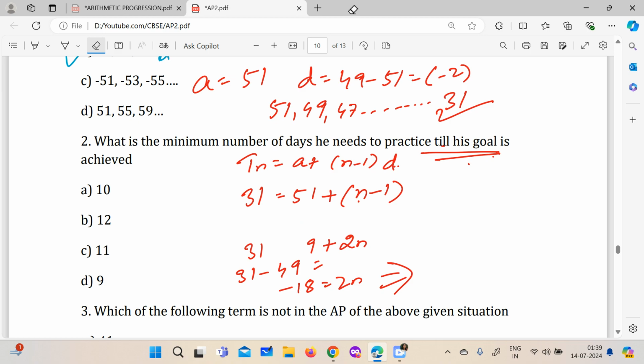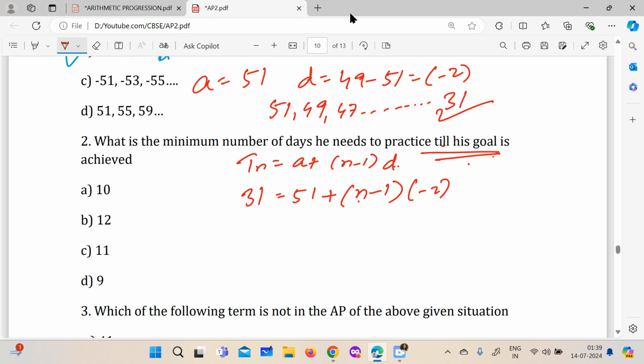Okay, so we will redo this. So d is minus 2. So you will have 31 equals 51 plus minus 2 into n is minus 2n, and this is plus 2. So you get here 31 equals 53 minus 2n, and now 53 comes this side.